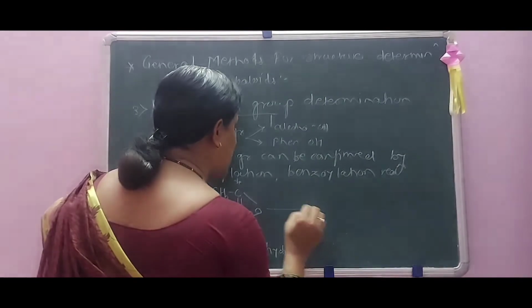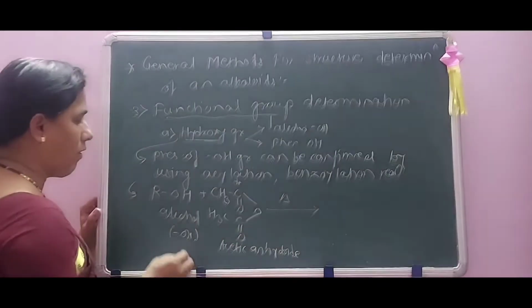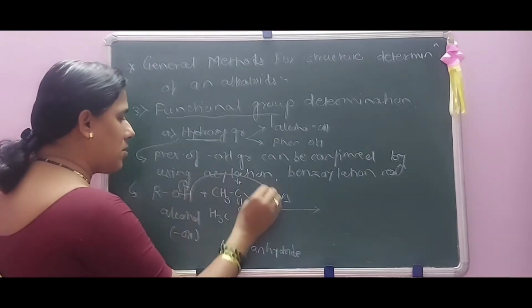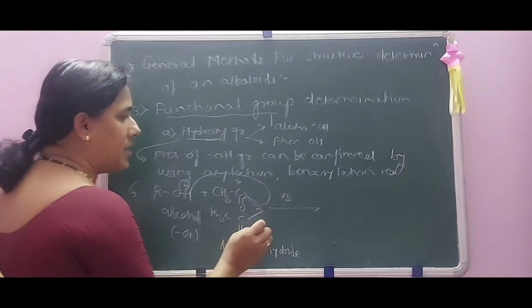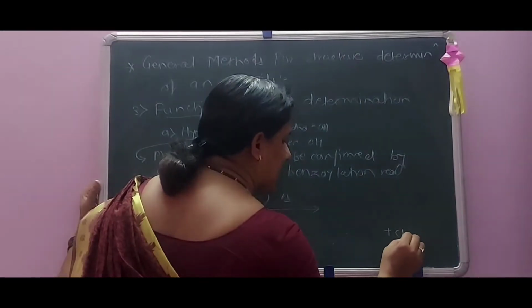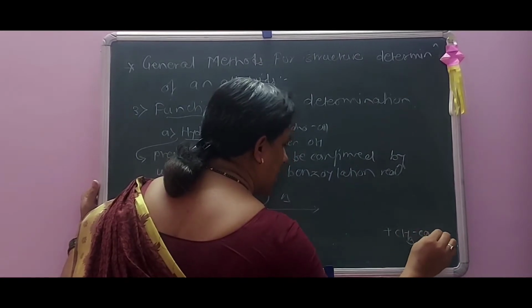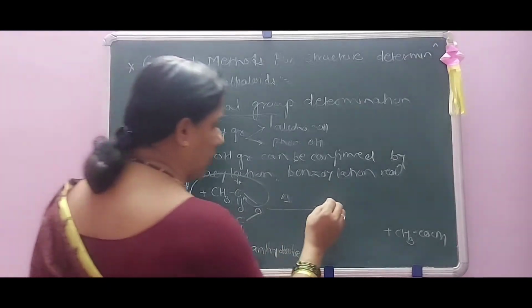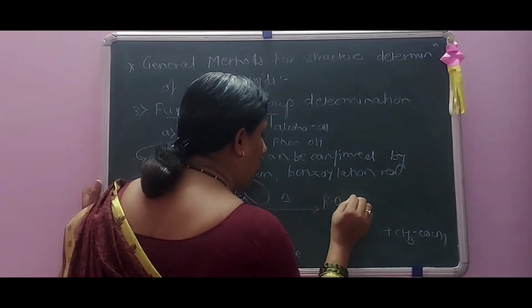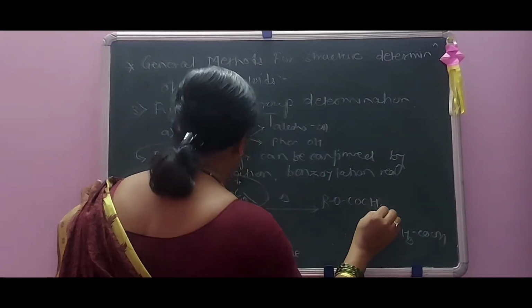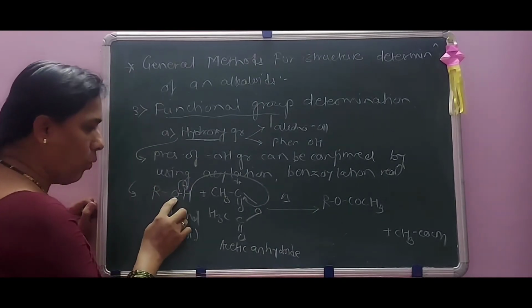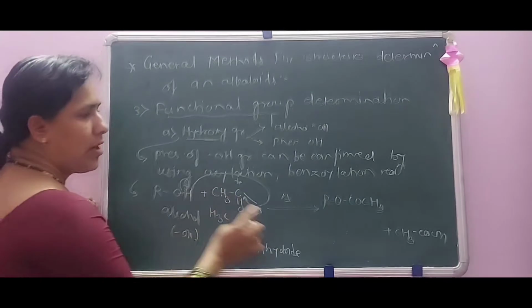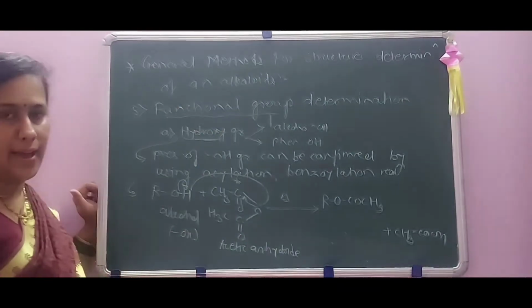On reaction, this bond goes here, this also goes here, and there is formation of acetic acid and the acyl derivative of an alcohol, ROCOCH3. The CH3COO and H are removed as acetic acid.